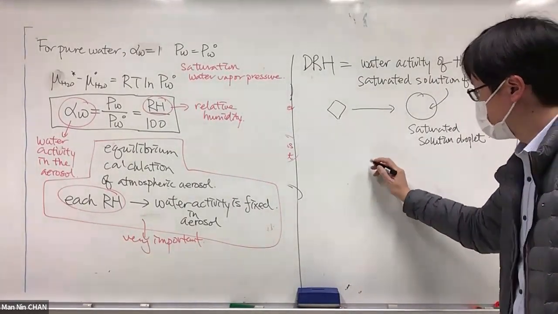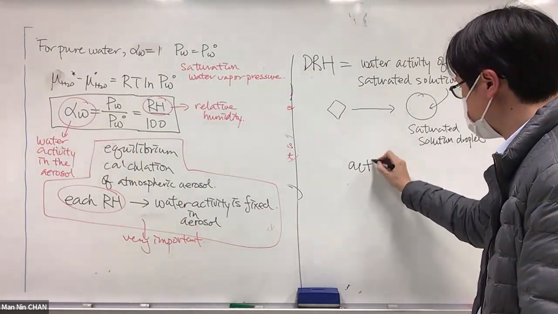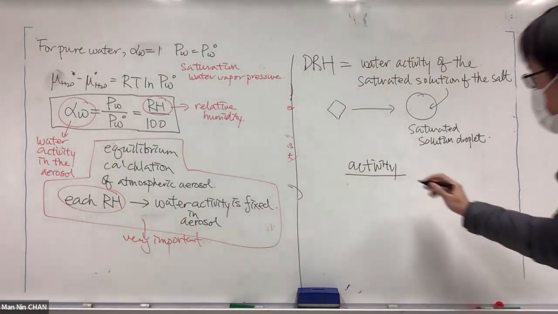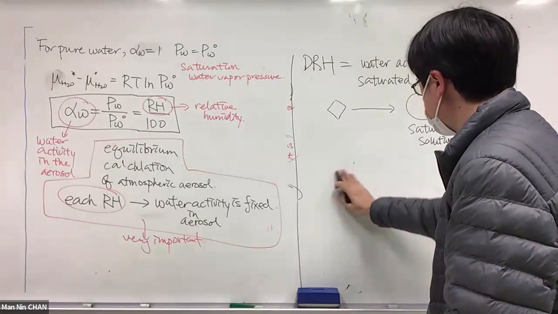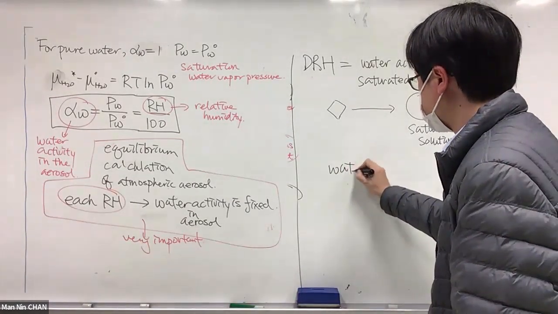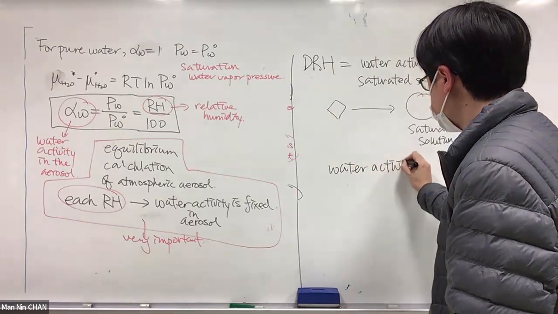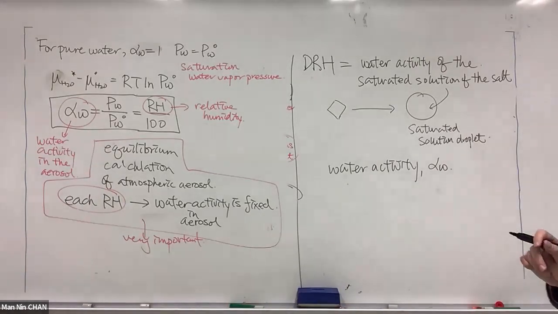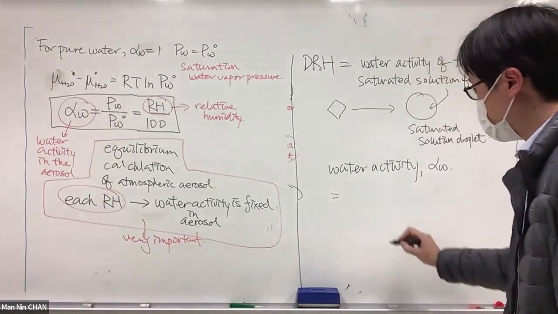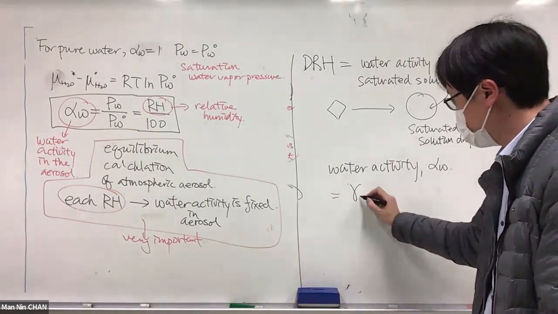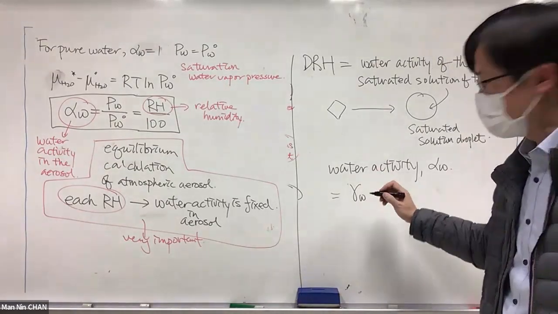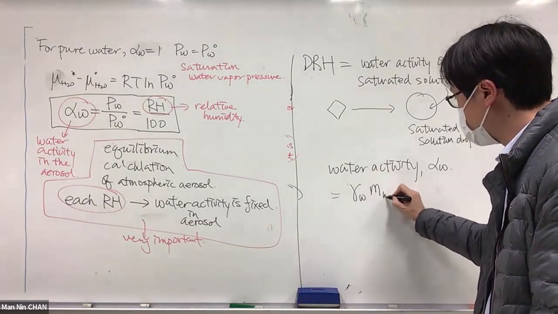if you look at the activity, when we say water activity, for example in this case, this is called the water activity. That will be equal to the activity coefficient of the water times, for example, the molarity or the concentration of the water.